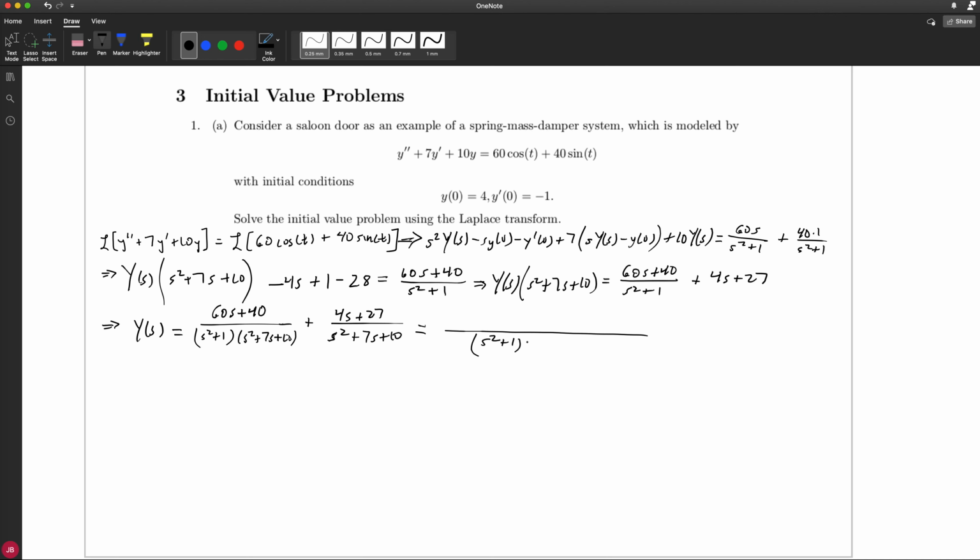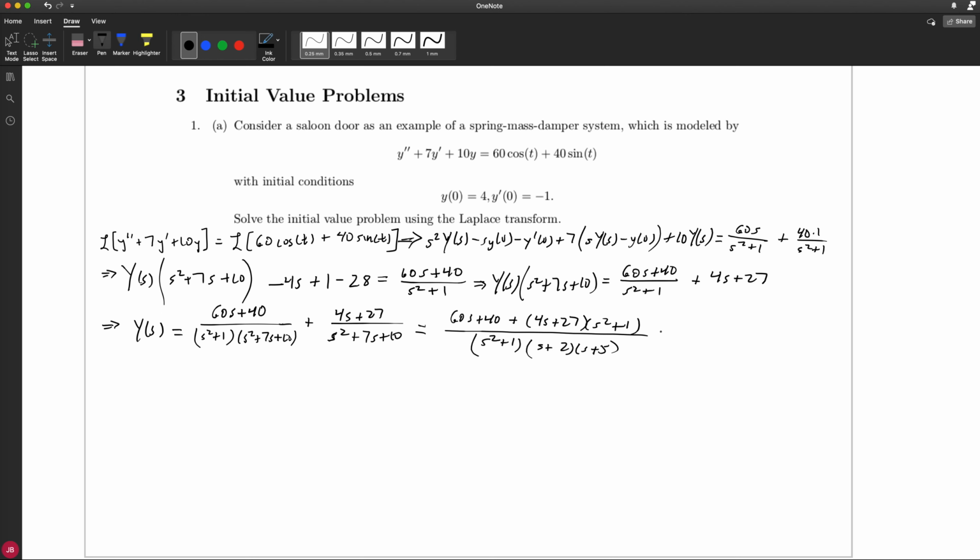And if you'll allow, I'm also going to factor s squared plus 7s plus 10 as (s plus 2)(s plus 5). And you'll notice that the 4s plus 27 will need the s squared plus 1, but the 60s plus 40, its denominator hasn't changed one bit, right?